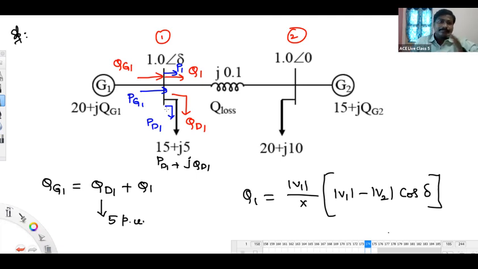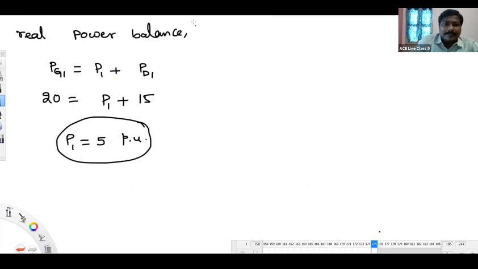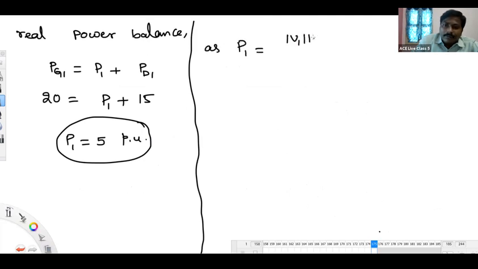As we know, the P1 equation is mod V1 mod V2 by X into sine of delta minus 0. So it is 5.